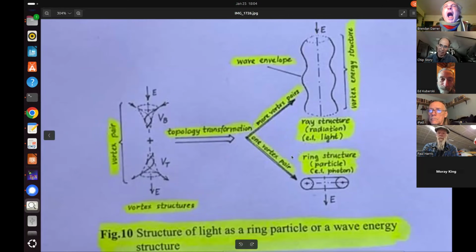In a wave format, vortex energy structure is the entire wave envelope. Okay. Ring array structure, radiation, i.e. light, and then a ring structure, which is a particle. So it's one or the other, depending on how we measure it and look at it.